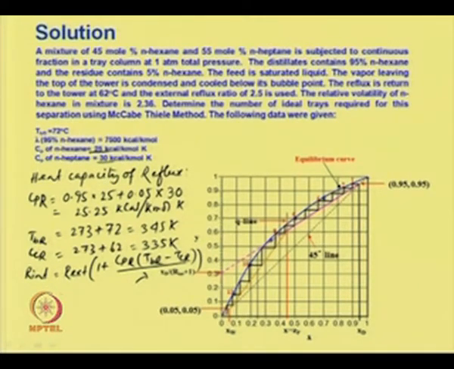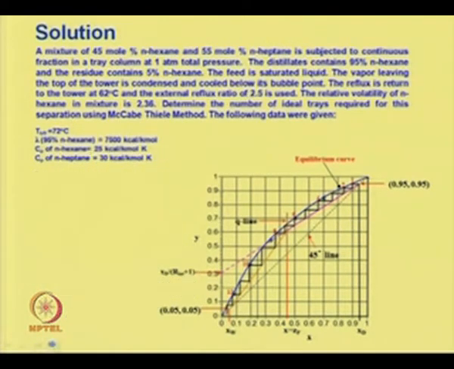So, if we substitute the external reflux ratio, let us consider 2 instead of 2.5, then it would be 2 into 1 plus 25.25 into 345 minus 335 divided by 7500, which would be equal to 2.07. So, the internal reflux ratio is 2.07.